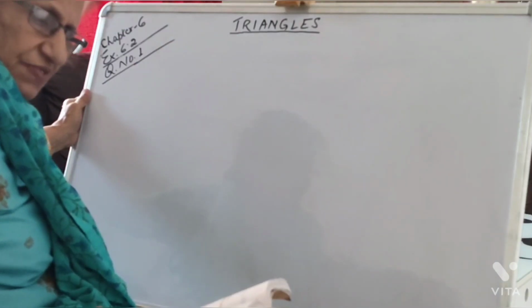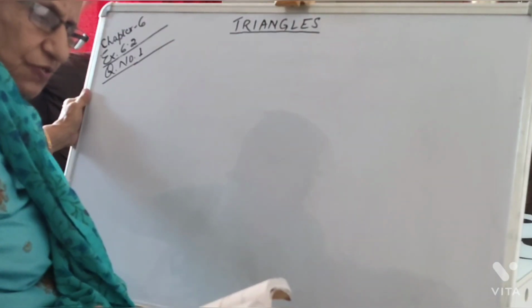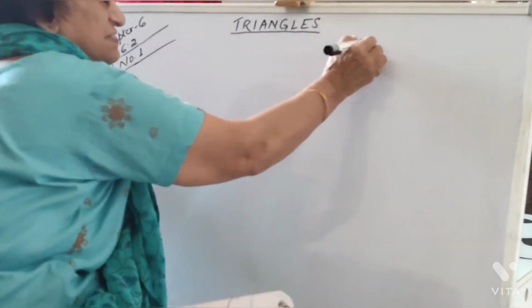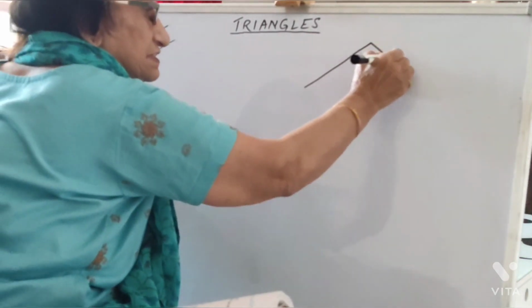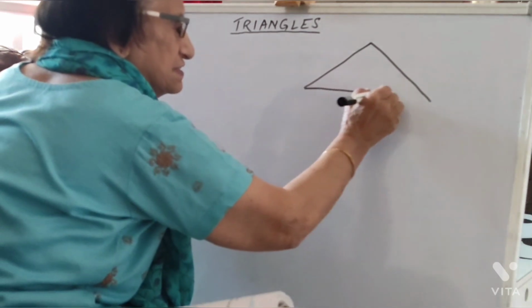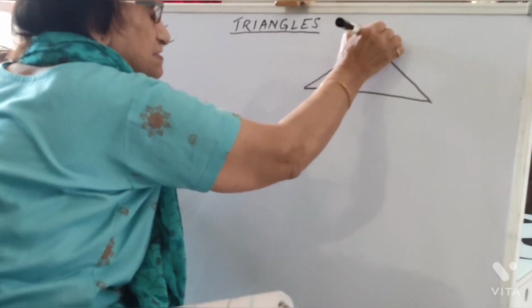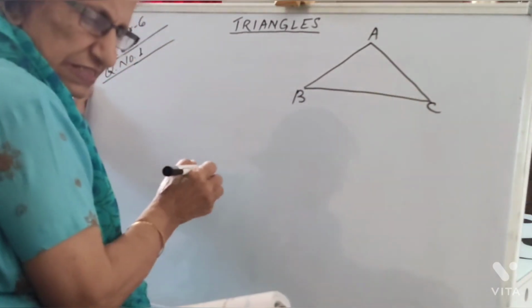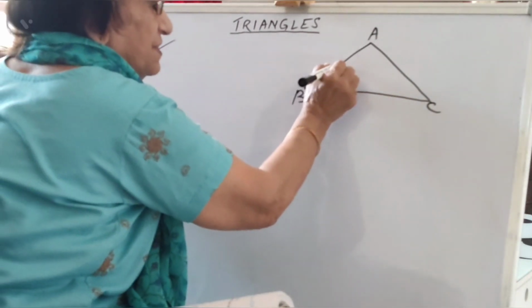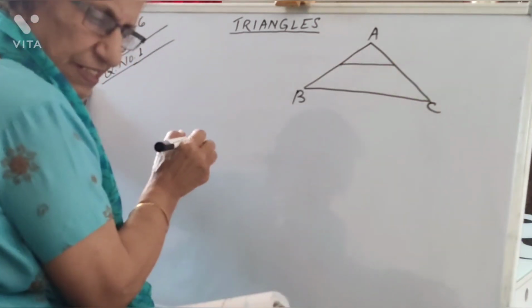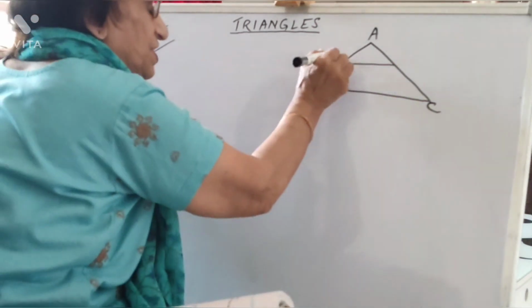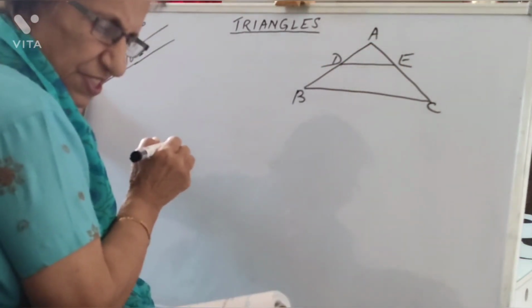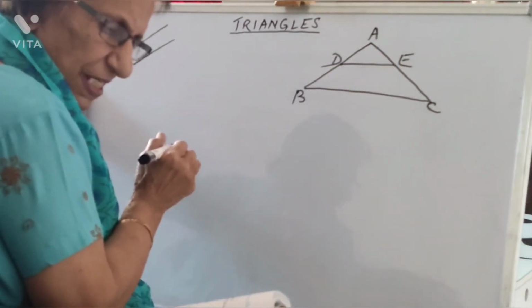Now, question number 1, second part we will do now. Here in the figure, ABC is a triangle. And this is parallel. The name of this line is DE. DE is parallel to BC.